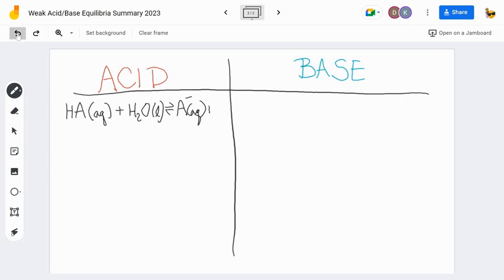Let me do this again so I'm not running into my base space. Got myself a little bit too big there right off the bat. Remember, the double arrow is going to tell us that this is an equilibrium.